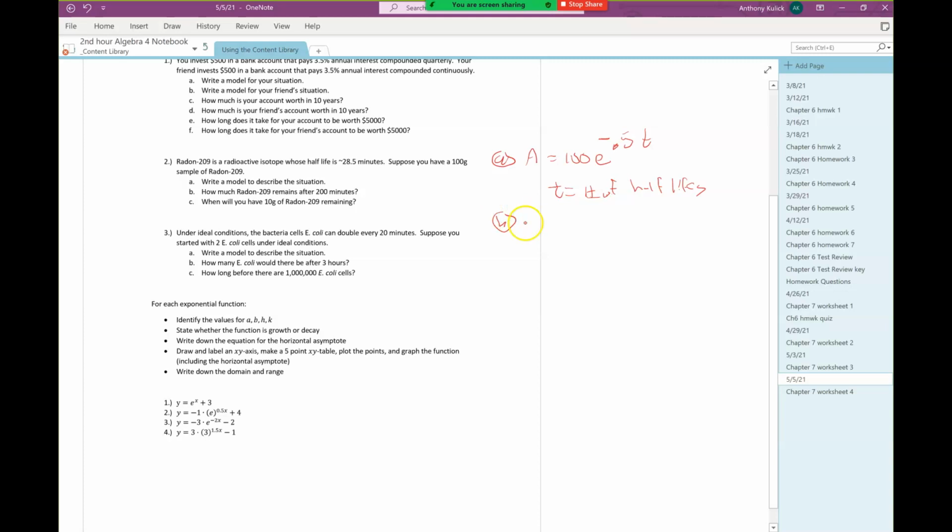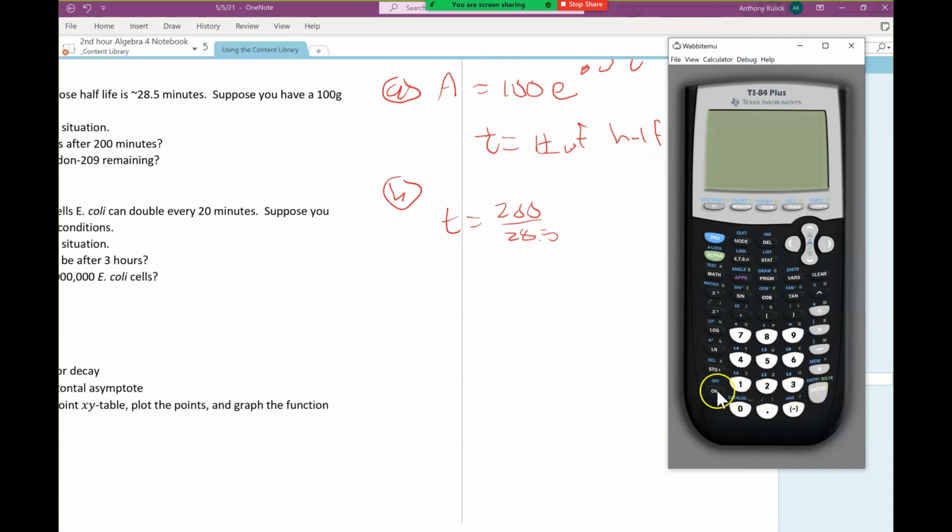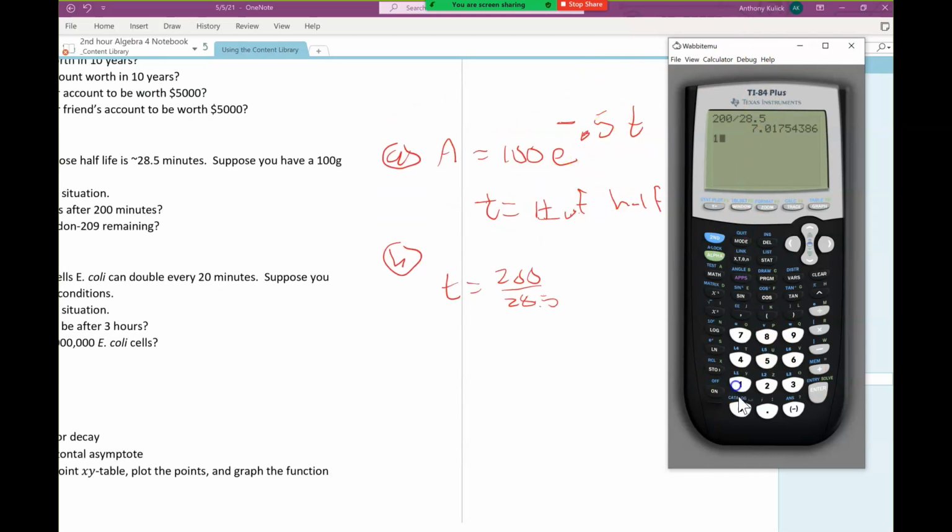So part B says how much radon is remaining after 200 minutes. So the first thing I'm going to do is convert that 200 minutes into half-lives. And then I'll go ahead and plug that into my model that we wrote earlier.